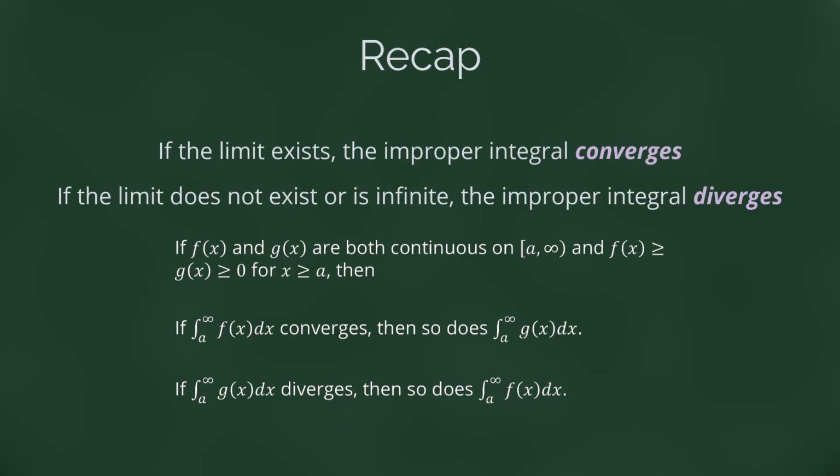And we finish with a reminder of what it means for an improper integral to converge versus diverge, as well as a reminder of our 2 comparison tests for integrals that we may not be able to find antiderivatives for easily.